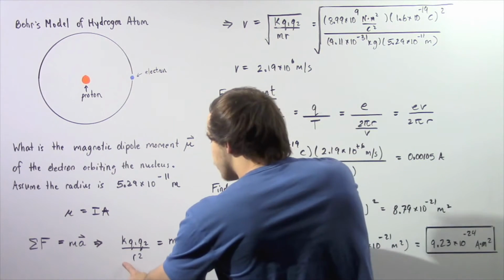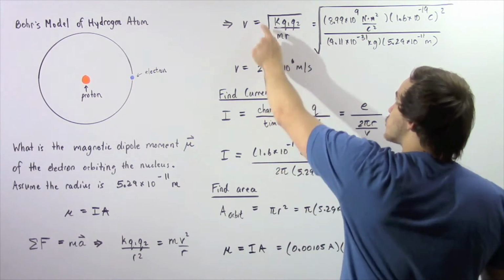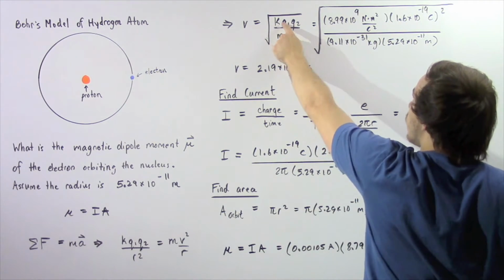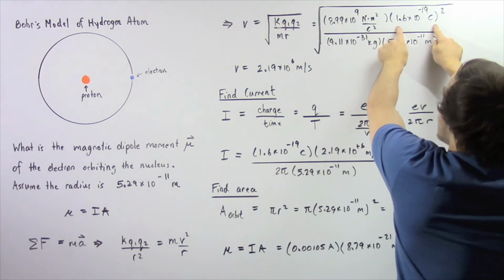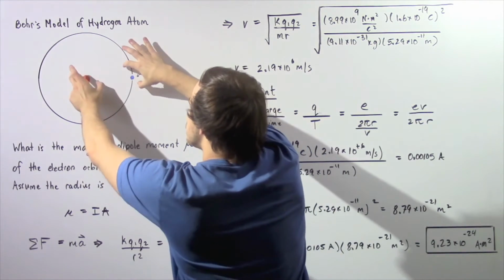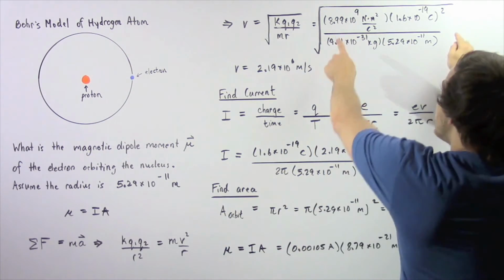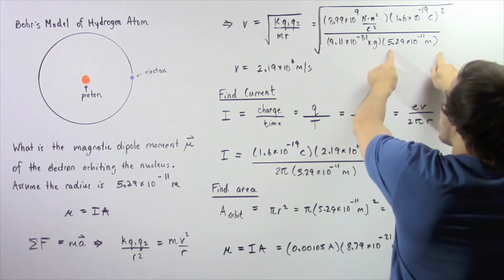So we take this equation and solve for v, and the velocity is equal to the square root of k, our constant, multiplied by q1 multiplied by q2, so the square of our charge, because the magnitude of charge on these two particles is exactly the same, divided by the mass of the electron multiplied by the radius.